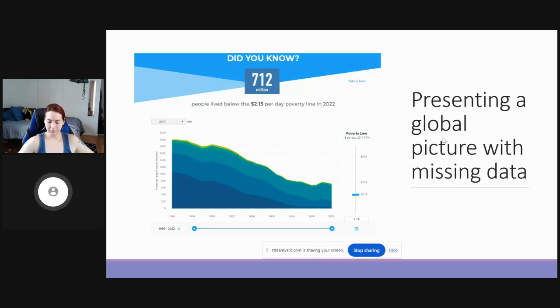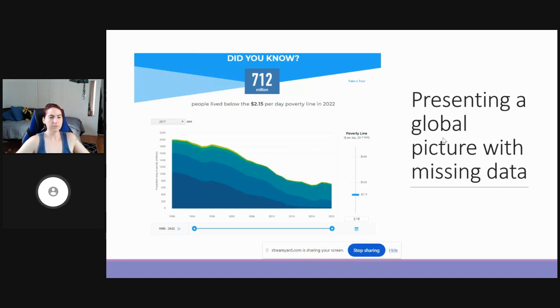Now, how do we present a global picture with missing data? Like I mentioned before, it's impossible to have a complete picture. What's even more important for us to acknowledge at this point is that it's even more difficult to have complete data.